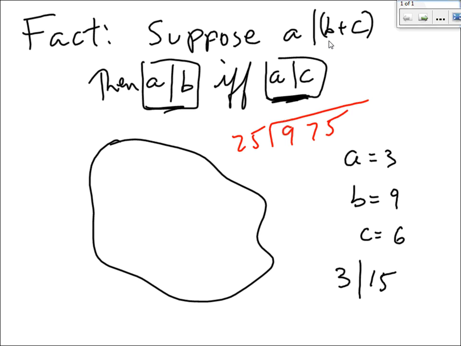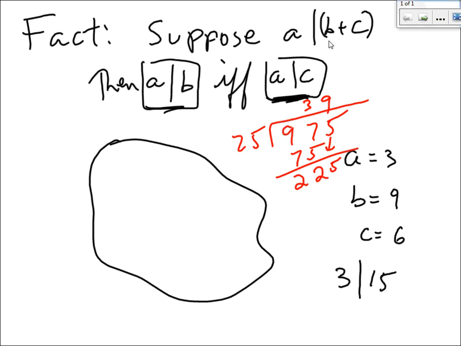You would take away the most number of 25s you can at one time. Maybe you never realized that. You take away 3 25s, which is 75. 22 left over, bring down the 5, and then you'll take away some more 25s. You would take away 9 more.